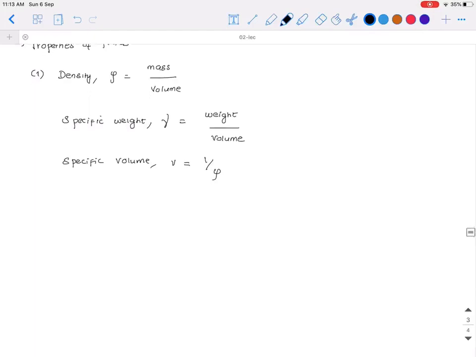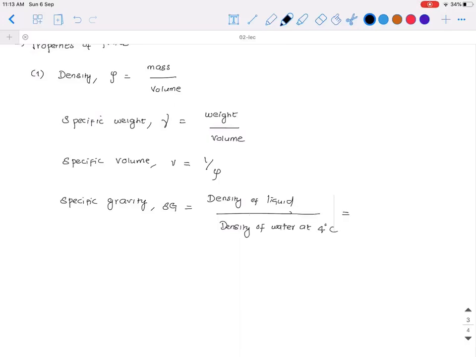Okay, and there is another quantity called specific gravity, which is used to denote the density of any liquid, and it is defined as the density of the liquid divided by the density of water at 4 degrees centigrade.